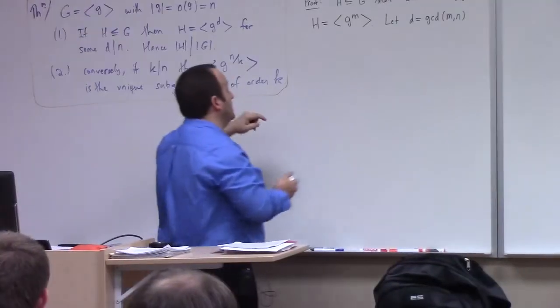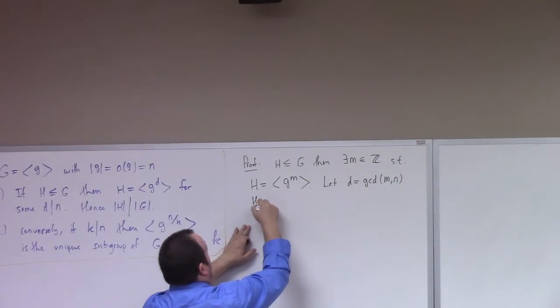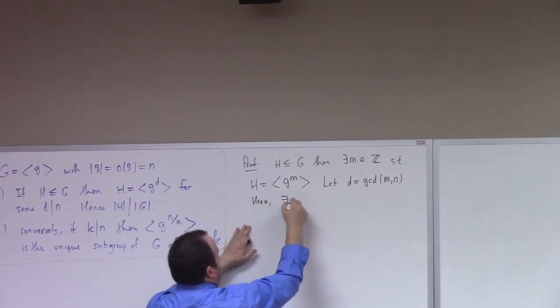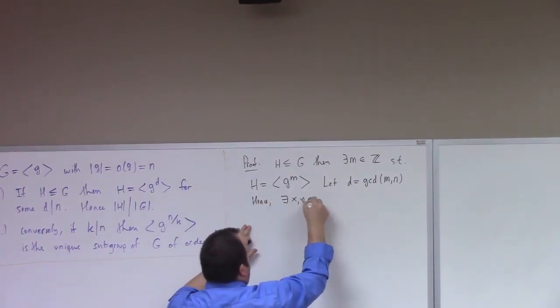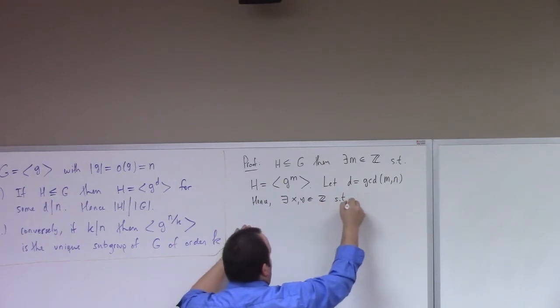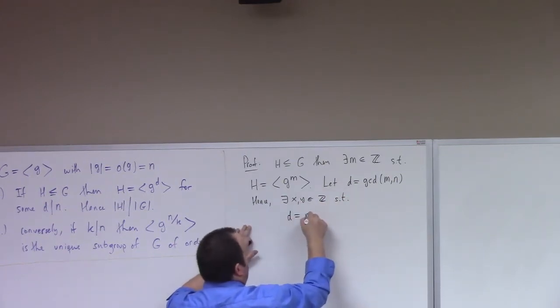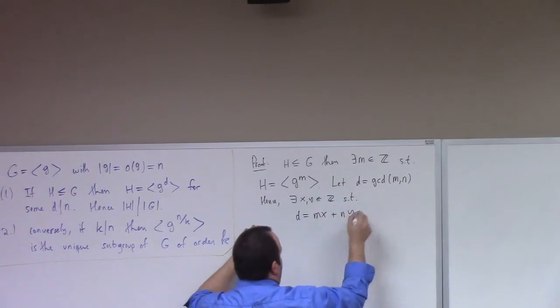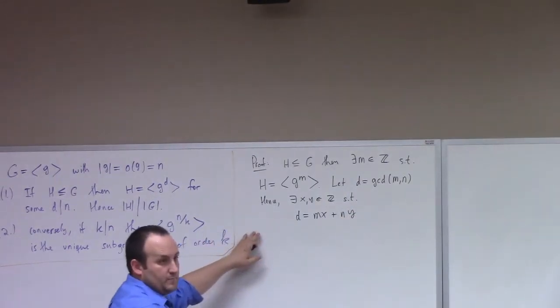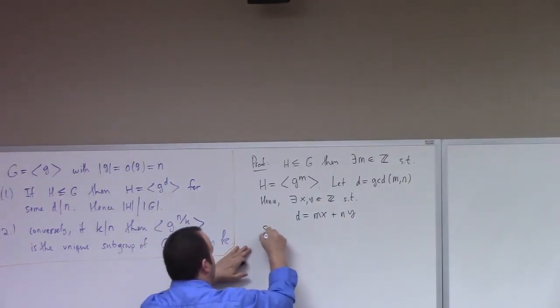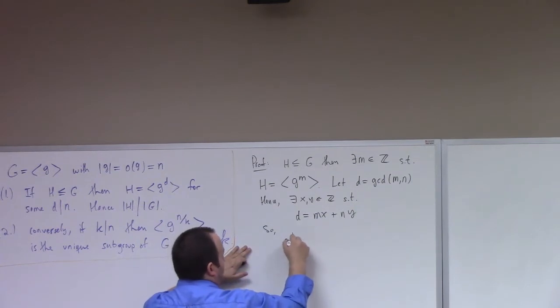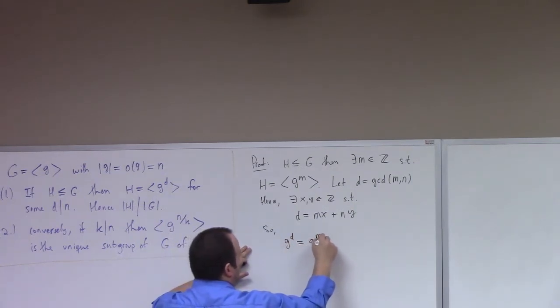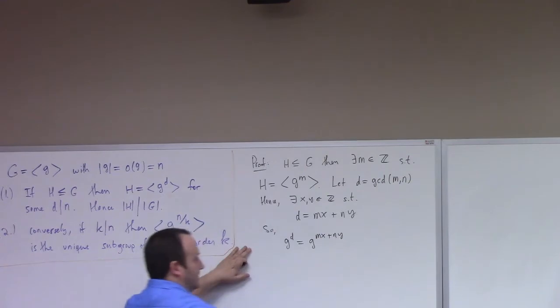Okay, so what does this mean? There exists, say, X and Y in Z such that D is equal to MX plus NY, right? So G to the power D is equal to G to the power MX plus NY, right?